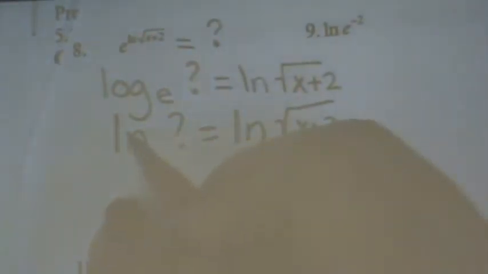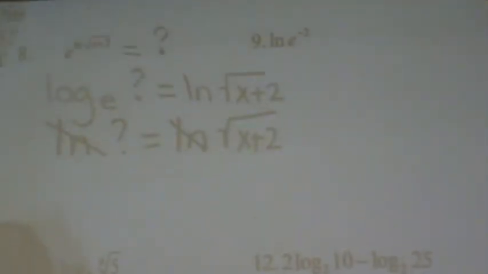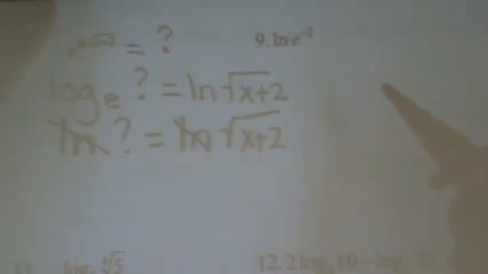So this is ln. ln of something is equal to ln. So what would this question mark have to be so these are the same? Square root of x plus 2. Isn't that what we got? Okay, can you remember that, guys? Rewrite it, rewrite it, rewrite it. That's the key, rewriting these.